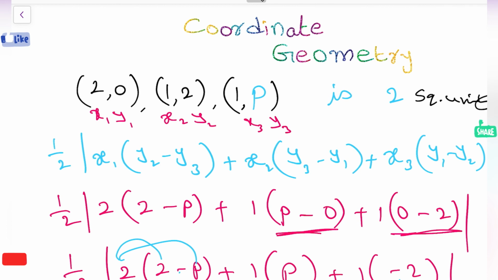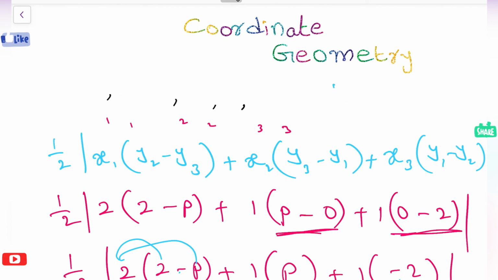Okay, let us move to the next type of question in this, that is finding the slope of the given vertices.